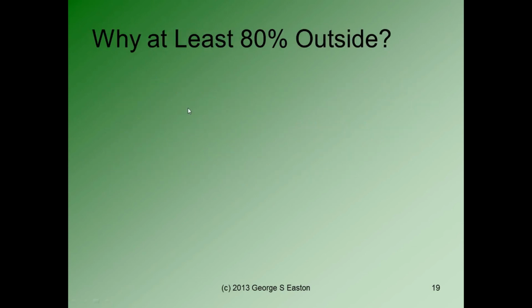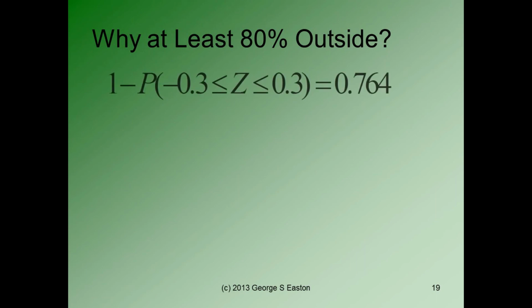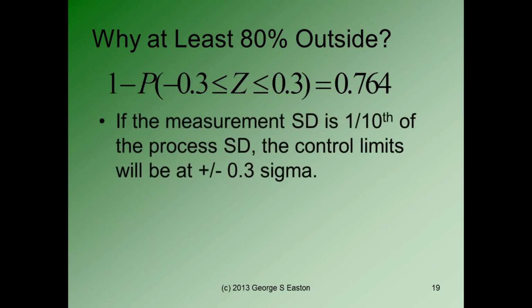So I want to briefly explain where the criterion of at least 80% of the points outside of the control limits comes from. Well, it comes from this probability calculation. So what's going on here? Well, if the measurement standard deviation is 1/10 of the process SD, then the control limits should be at plus or minus 0.3 sigma. And it's 0.3 sigma because the usual control limits are at plus or minus 3.